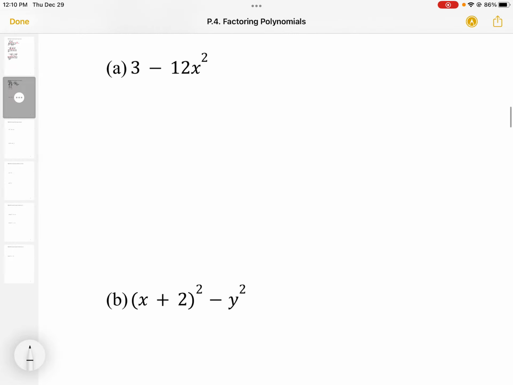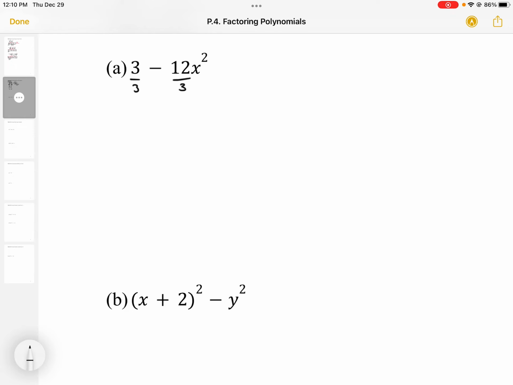In this example, we have 3 minus 12x squared. 3 is not a perfect square. 12 is not a perfect square. But what I want you to get into the habit of doing is always, step one, look for greatest common factor. Sometimes there will be a greatest common factor, sometimes there won't be. In this case, they have a greatest common factor of 3.